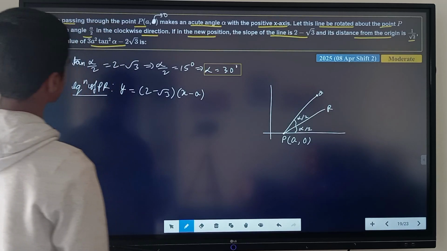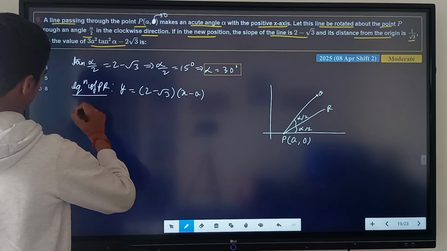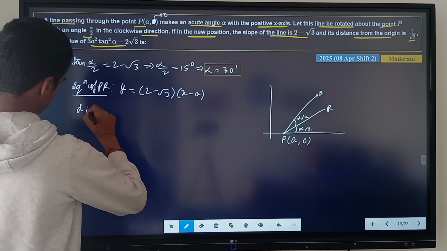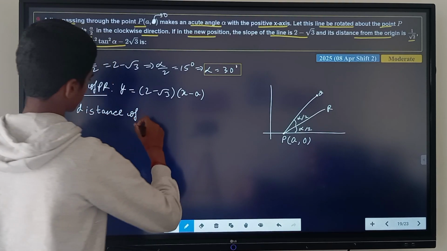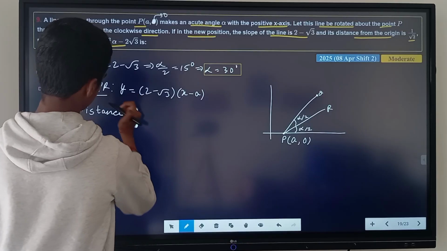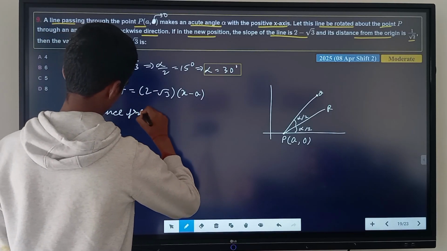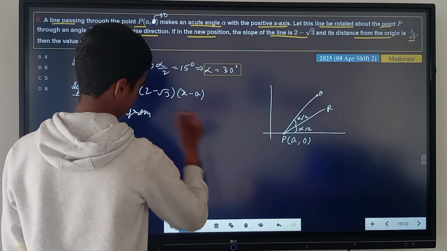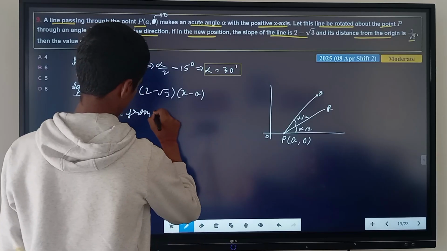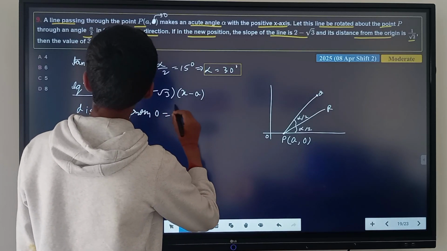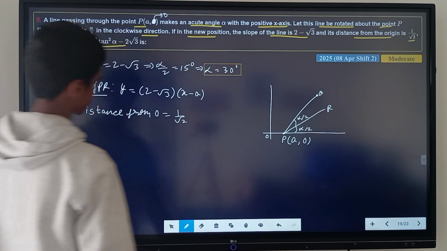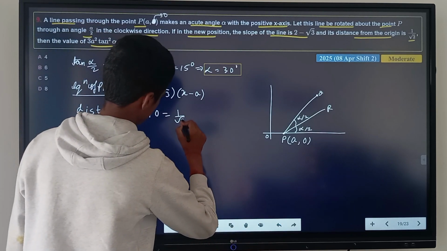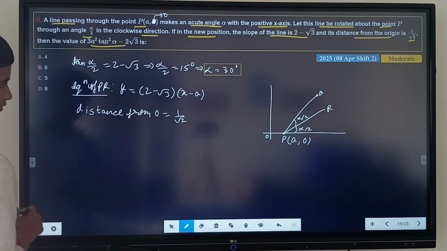Now the distance from the origin, let's say this is O, is equal to 1 upon root 2 as given in the question. From here we will get the distance from the origin.